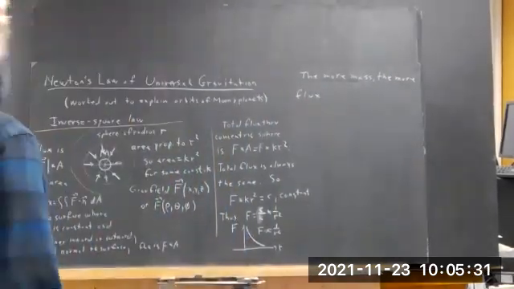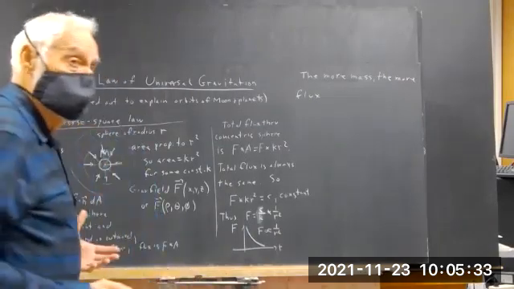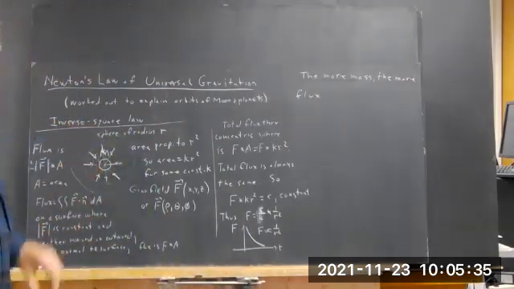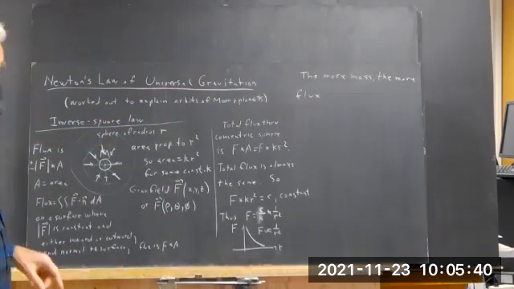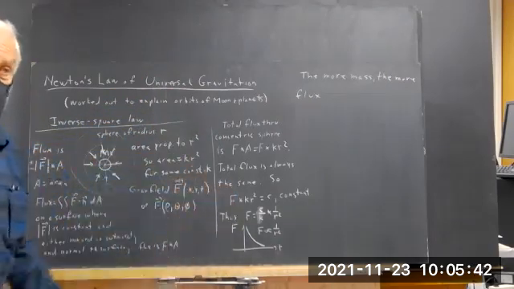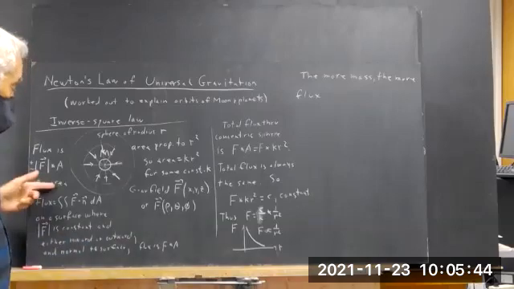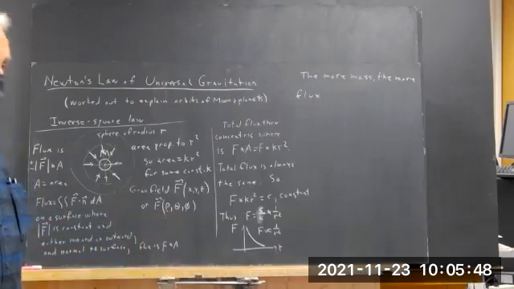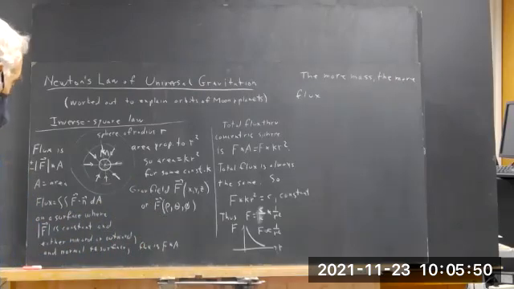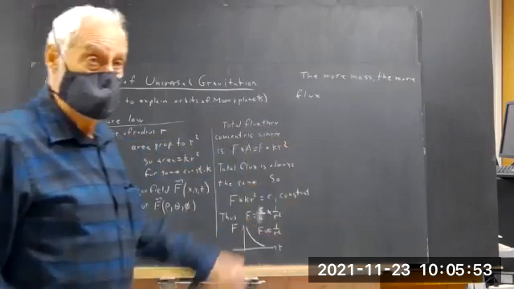Now I'm doing this in terms of flux, which is a fairly intuitive concept. The more mass, the more flux. I'm not really doing the multivariable calculus. I mentioned it here, but anybody watching who doesn't have a clue about multivariable calculus can kind of ignore this, because this is all intuitive.